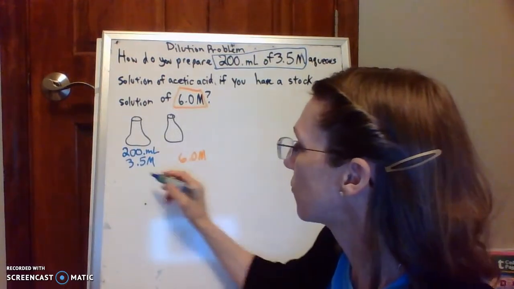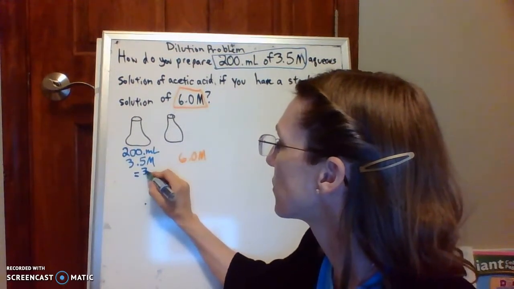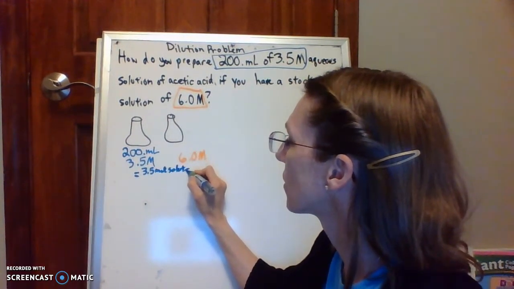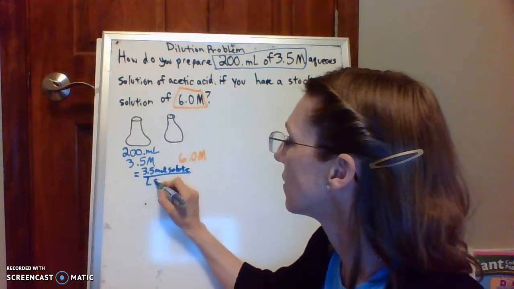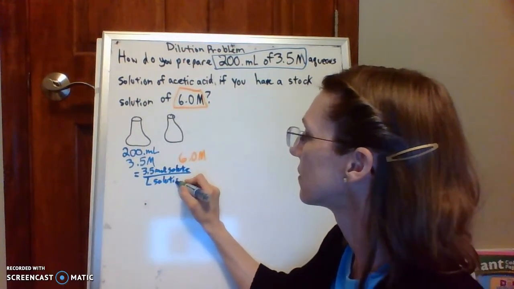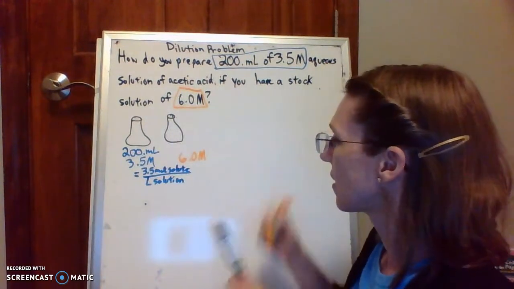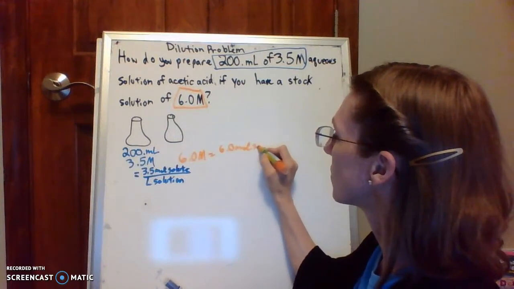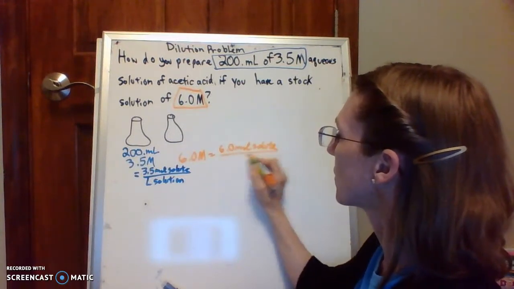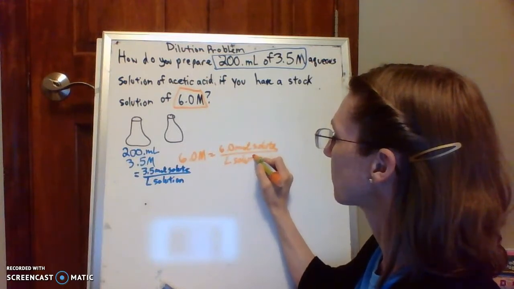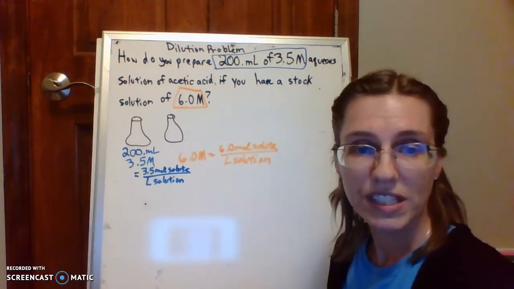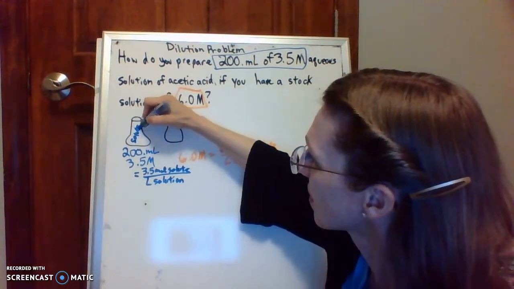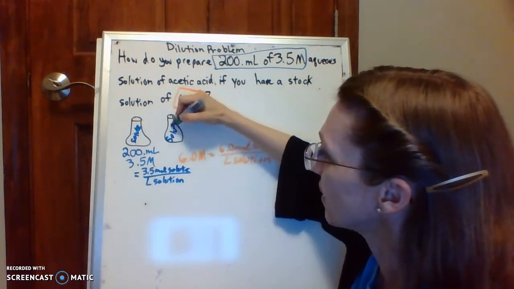So we're going to first of all get these guys into numbers that we can actually use: moles of solute per liter of solution. And this is 6.0 moles of solute per liter of solution. So just like the last problem, the amount of solute here equals the amount of solute here.